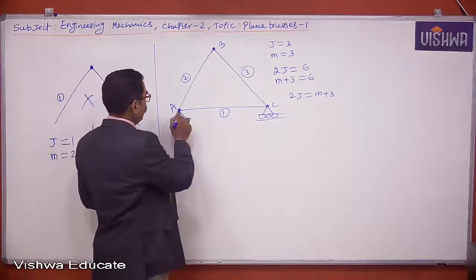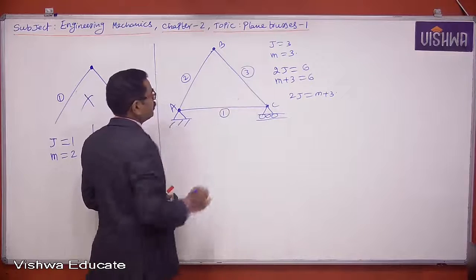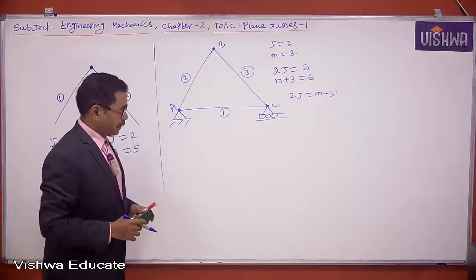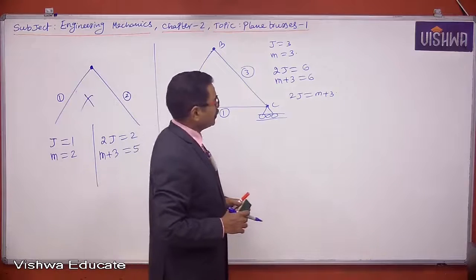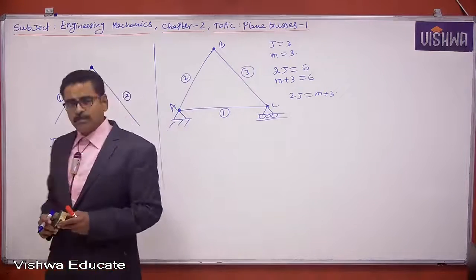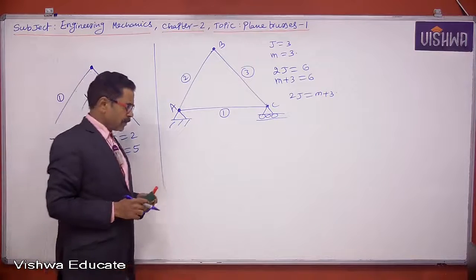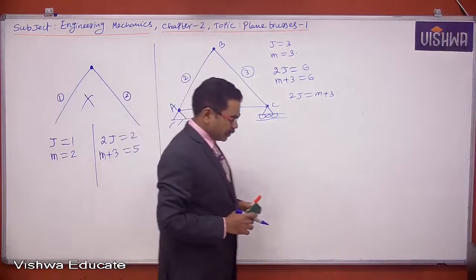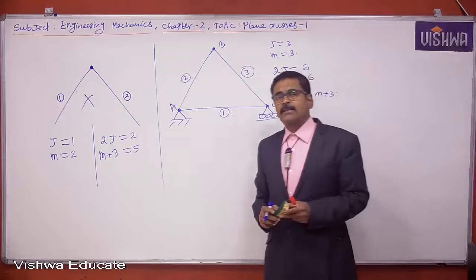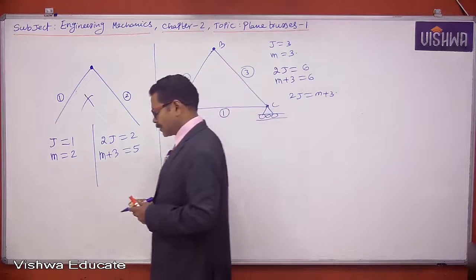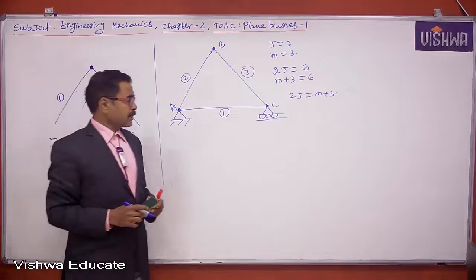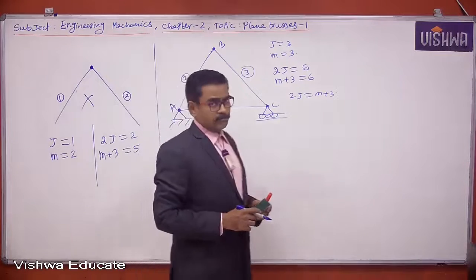This is one joint, second joint and third joint. Number of joints is 3, number of elements is also 3. Here A, B, C are forming joints. Now write down this point: the lowest number of elements in a plane rigid truss is 3.